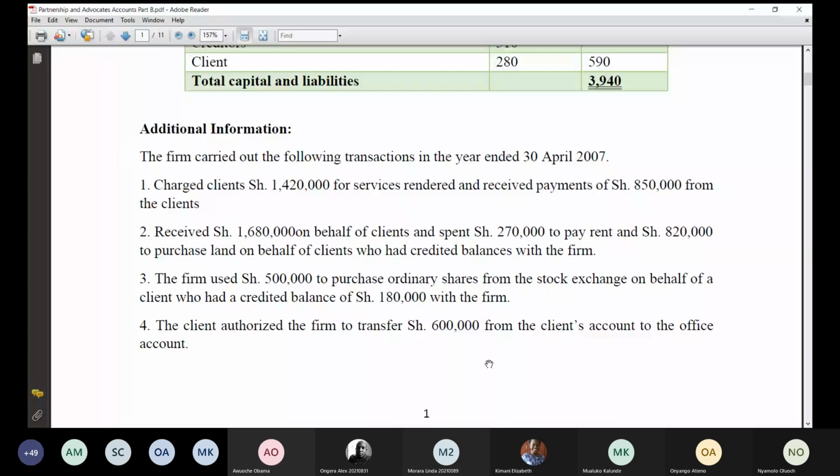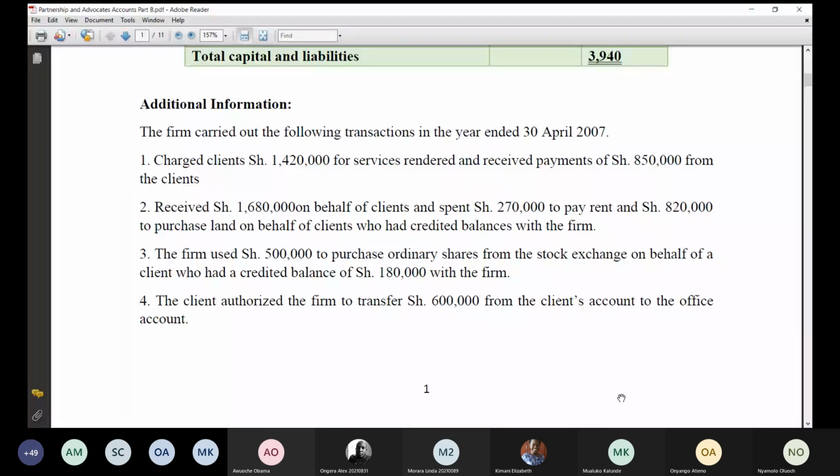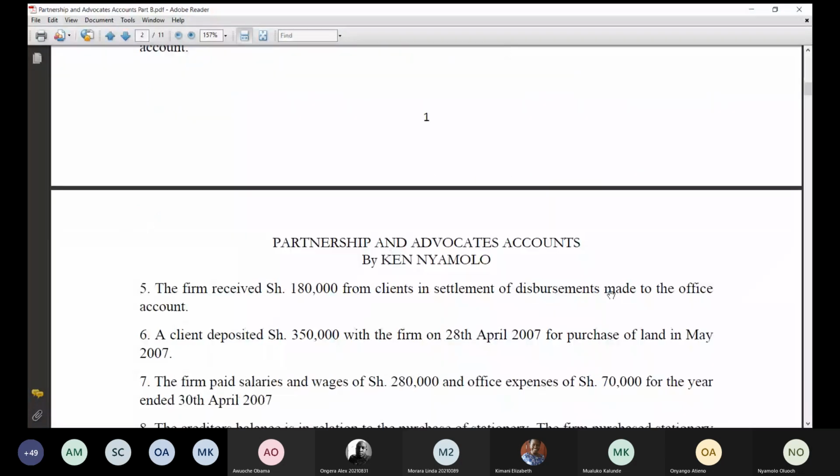Then a client can also authorize you to transfer money. So this particular client authorized a transfer of 600 from a client's account to the office account. Of course, the firm also received 180,000 from clients in settlement of disbursements that had been done. Clearly, we had paid for our client, and now he's reimbursing us that 180,000 that we had paid on their behalf.